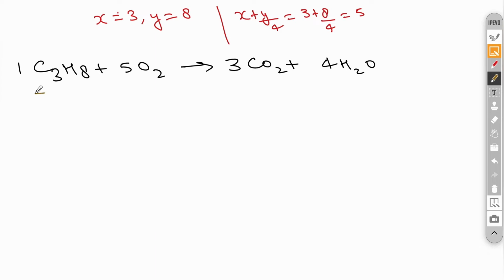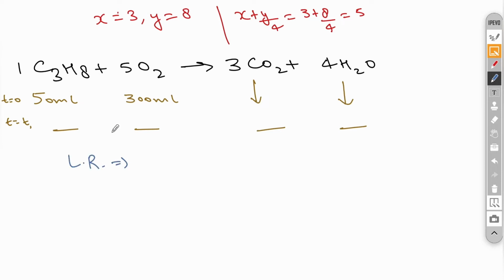So at time t equal to 0, we have 50 ml of propane and 300 ml of O2. This is at t equal to 0, and at t equal to t the reaction will be complete. We don't know how many moles of CO2 and H2O will be formed, but first we'll find the LR here.